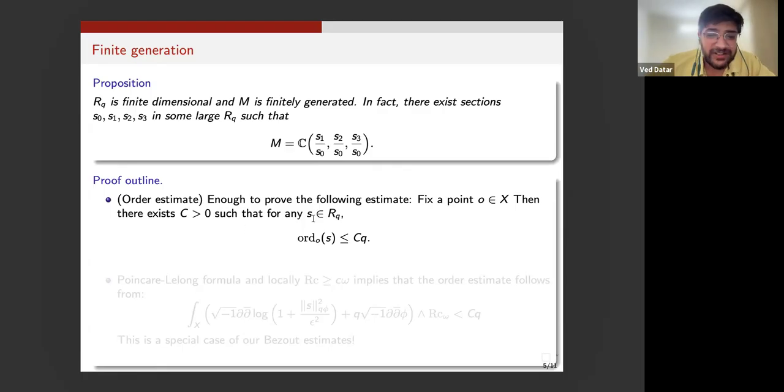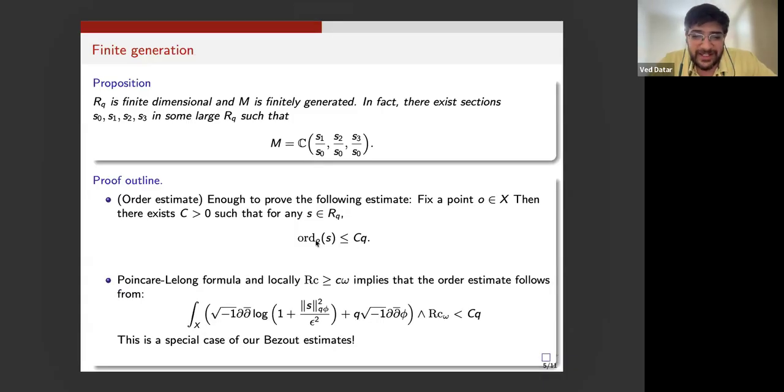So if you take a section S in R_q and you fix a point O, you would like to show that the order of vanishing of this section at that point O is bounded above by something that's linear in q. In turn, again by a trick of Mok's, Mok noticed that in order to prove such an order estimate, it's actually enough to obtain a bound for an integral of this sort.